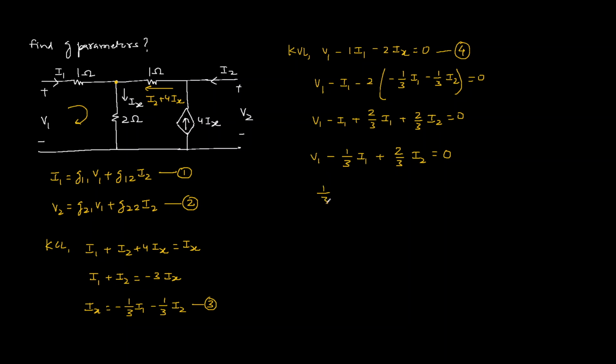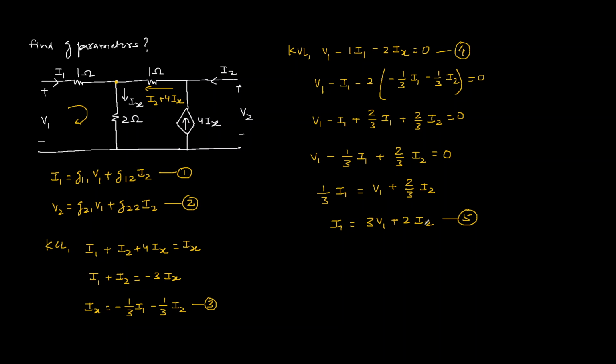So 1 by 3 I1 is V1 plus 2 by 3 I2, or this equation is I1 equal to 3V1 plus 2 I2. Now this is equation 5.